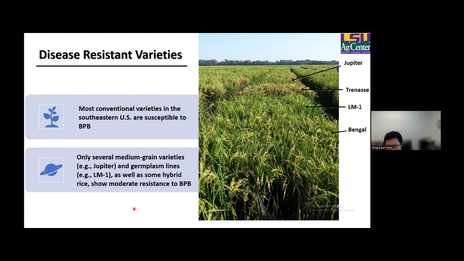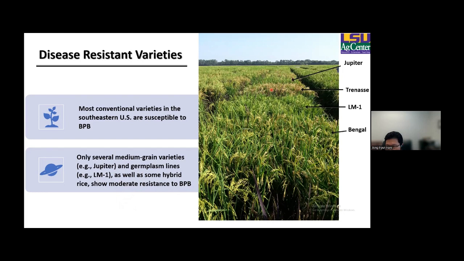However, most of the conventional varieties in the southern United States are susceptible to bacterial panicle blight, except that several varieties or lines show some moderate resistance, including the medium grain variety Jupiter and some mutant lines, including LM1.